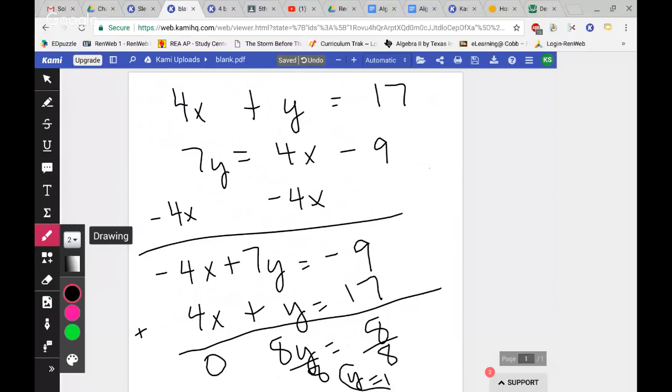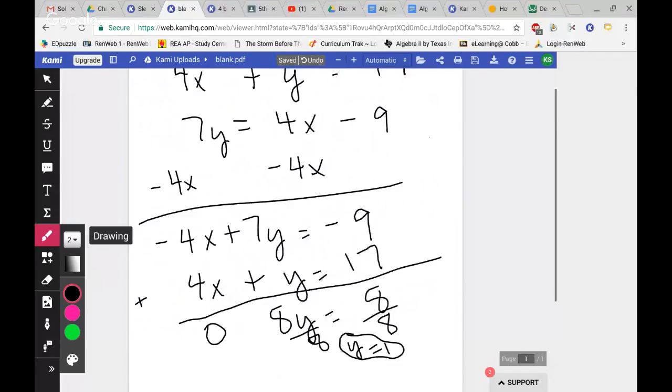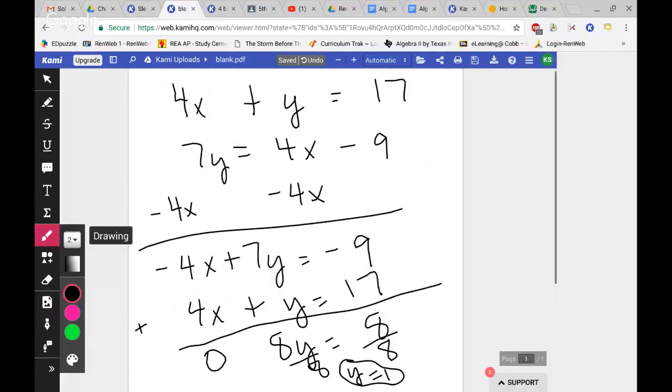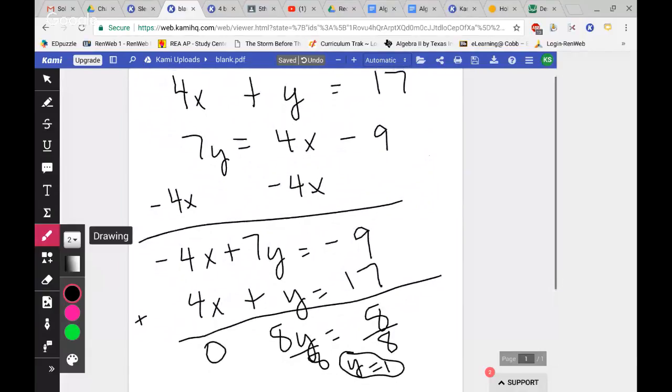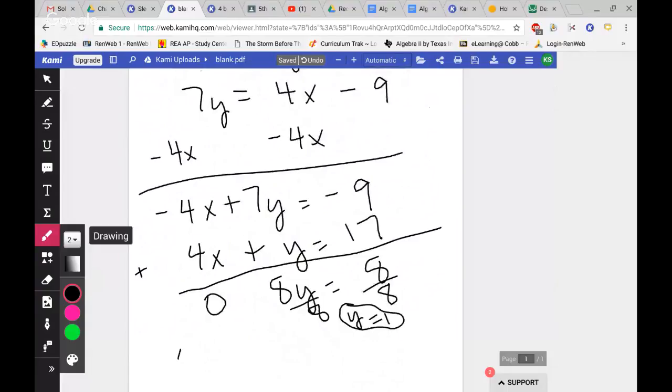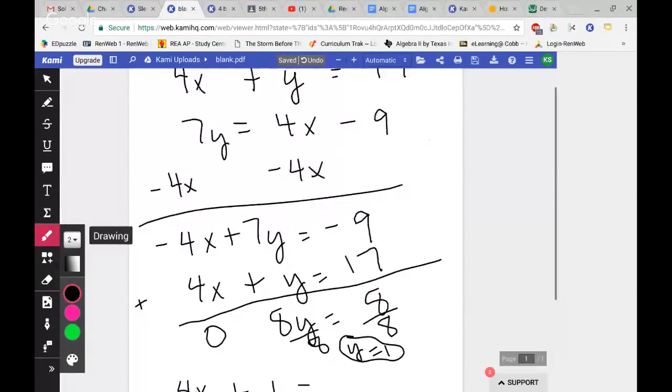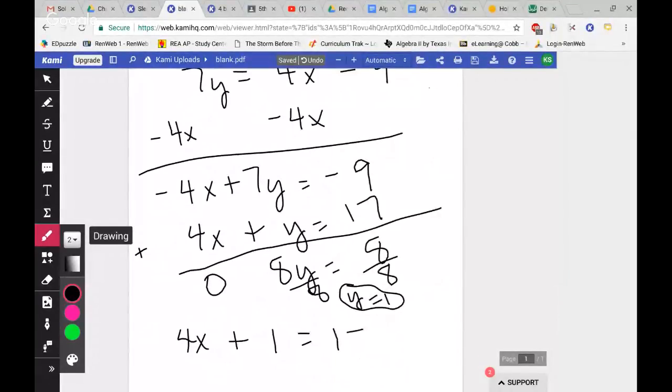So then I'll take this value of y equals 1, and I'm going to plug it into one of the two equations. I'm actually just going to plug it back into that top one. So I've got 4x plus, and there was a y there, so I'm going to substitute this value of y in for the y itself, equals 17.